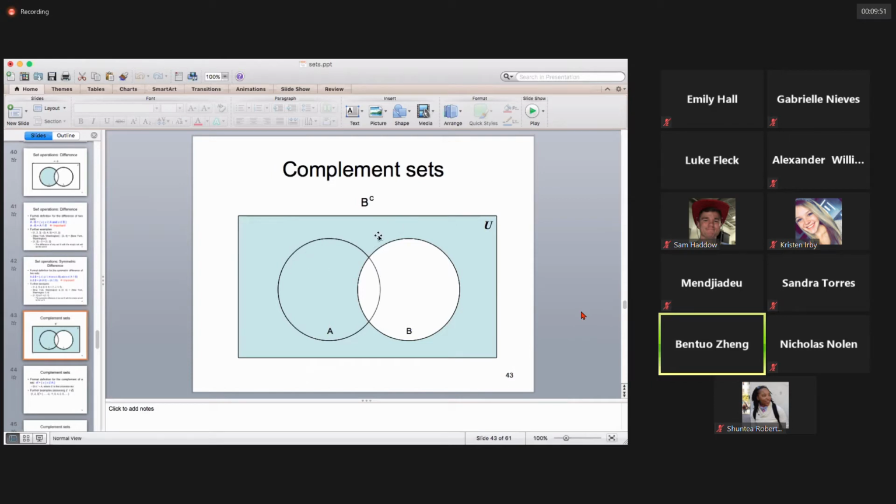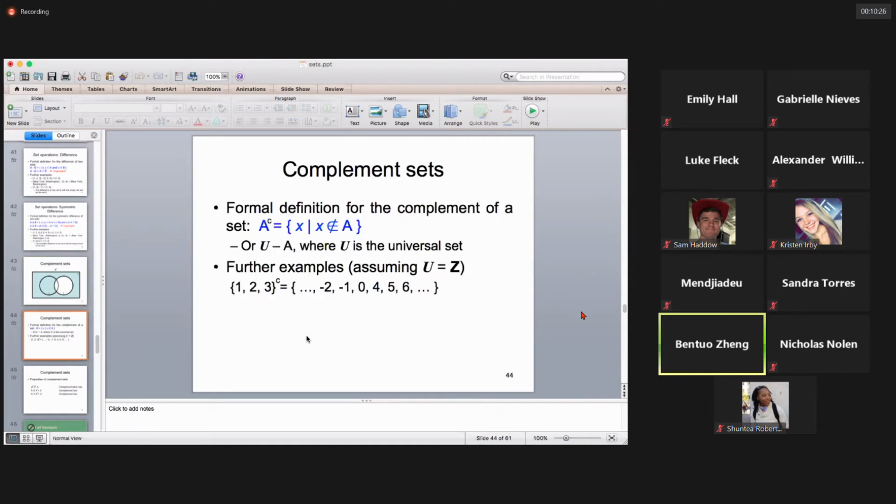Those are just the green area outside B. B complement, we write B superscript C. B complement is the set of all elements not in B, outside B. Of course, when you talk about complement sets, you have to designate a universal set U. The formal definition: A complement is the set of all x's for which x is not in A. Or if you use the universal set, A complement is simply U minus A.